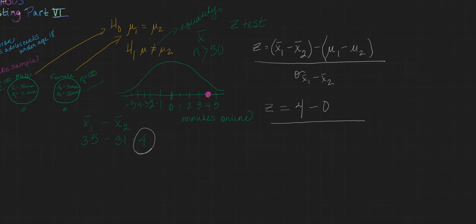Now here's the part that I bet you're wondering about. Divided by sigma, the standard deviation of x bar 1 minus x bar 2. Rather than run out of time in this little video clip, we will work on part 7, and we'll pick up where we're leaving off here.